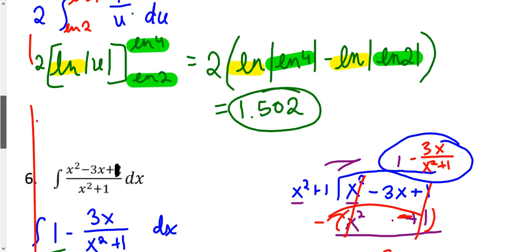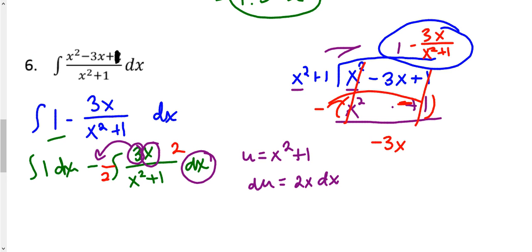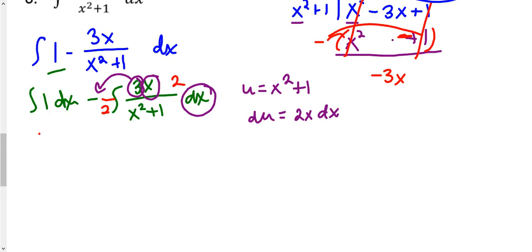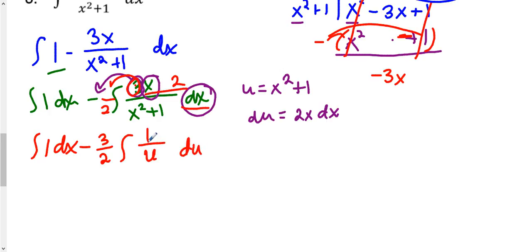So this becomes the integral of 1 dx minus 3 over 2 integral of 2x dx, which becomes du, over x squared plus 1, which becomes u on the bottom.